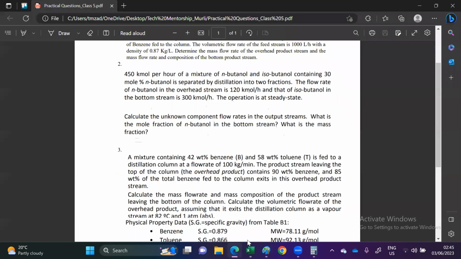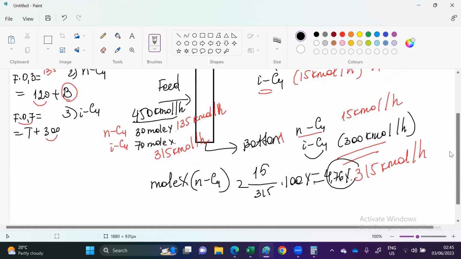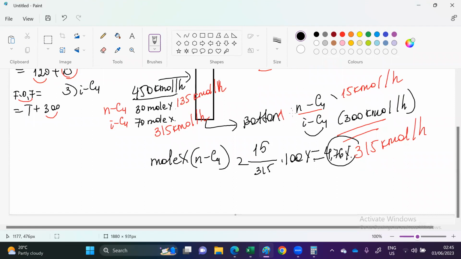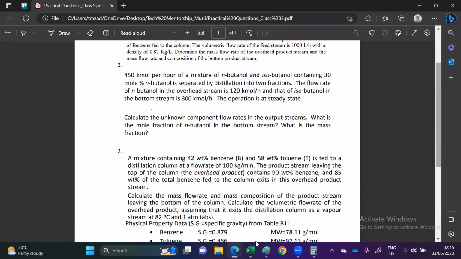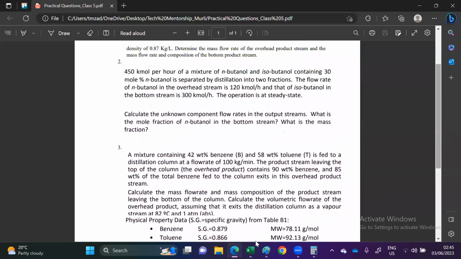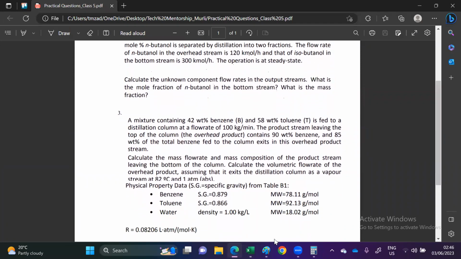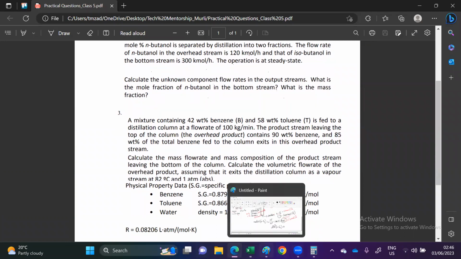And the last question, it was said, what is the mass fraction? So I believe it's asked for the NC4. To determine this one, we need to find the NC4 molecular weight. So we have the kilomole, we need to change it. So NC4, the formula, hopefully it's given here. No, it's not given. NC4 butanol. Let me change it. Where is the screen?